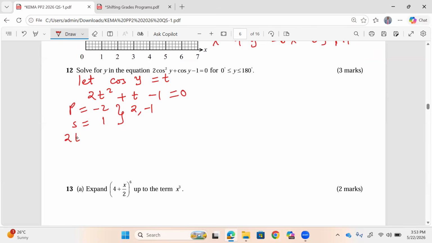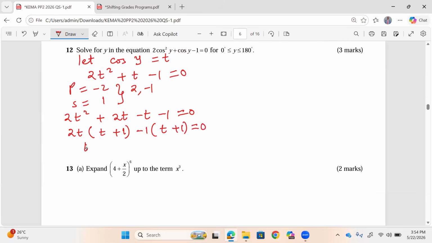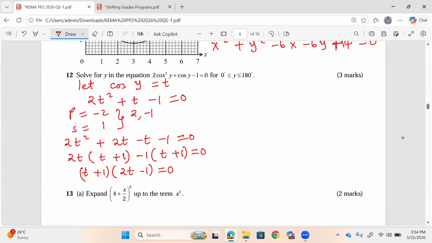So we can say now 2t squared, then plus 2t and minus t. I'm replacing the middle term with 2 and negative 1. Minus 1 equals 0. Factoring out 2t, (t plus 1). Then we factor out negative 1, so that remains (t plus 1). This is equal to 0. Inside the brackets, we have t plus 1. Outside the brackets, we have 2t minus 1 equals 0.